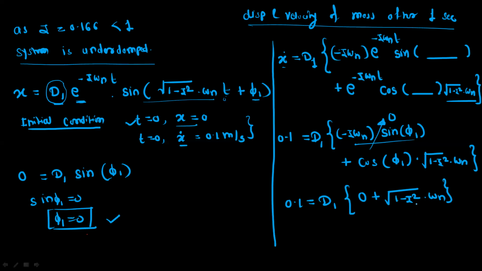And therefore d1 is equal to 0.1 upon the square root 1 minus zeta square into omega n. So we can get the exact value of the constant d1.